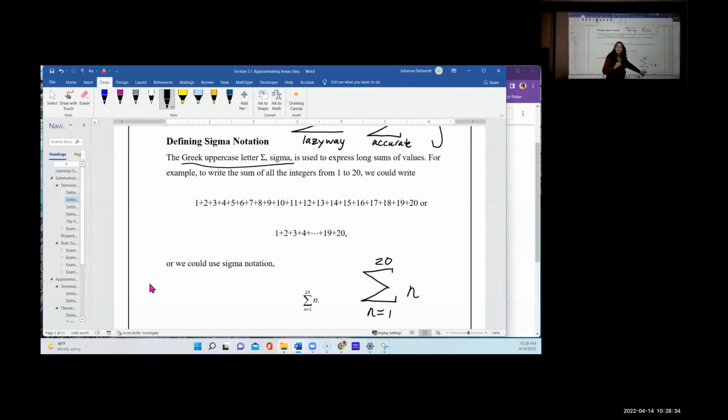The n equal 1 would be on the line below, and the 20 would be on the line above. And the n is actually written on the line in the center. So just like the integral symbol extends above and below the line, so does the sigma symbol. So if you were looking at lined notebook paper, it would be something like this.